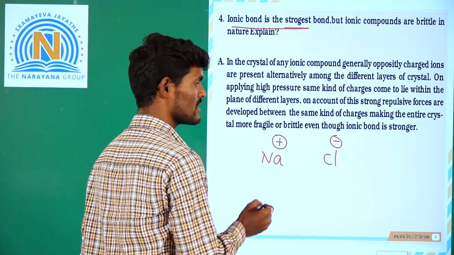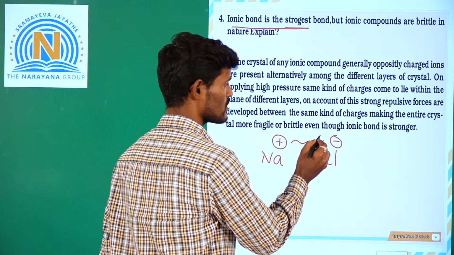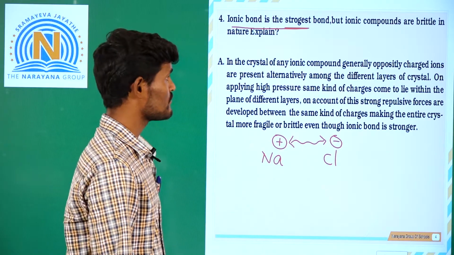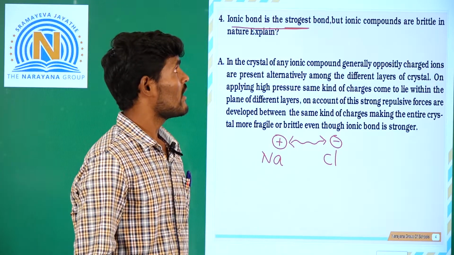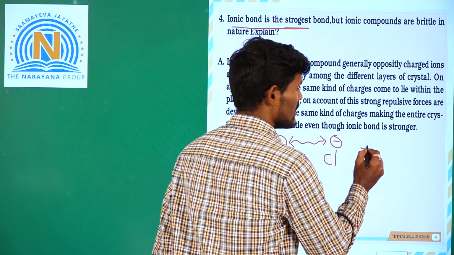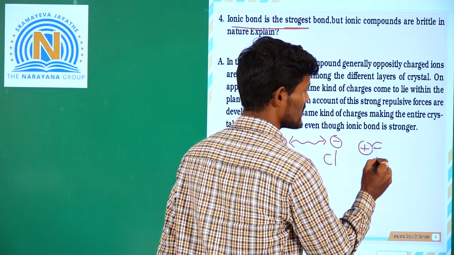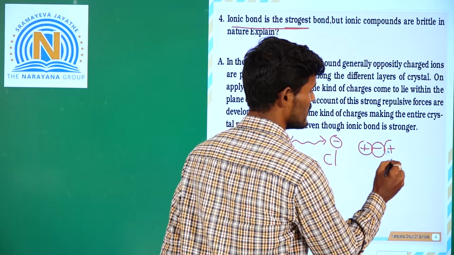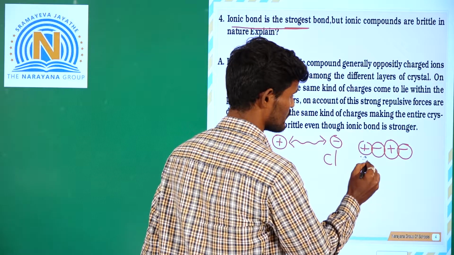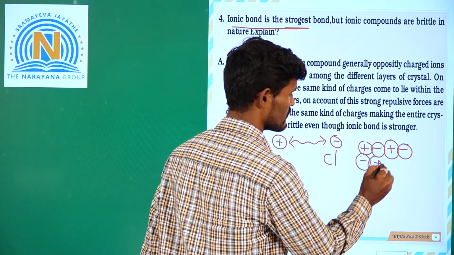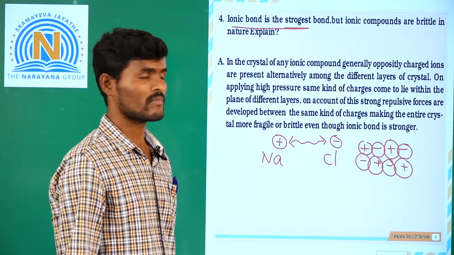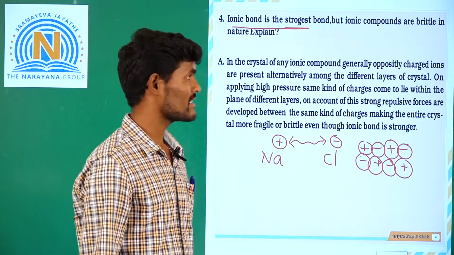Between these two oppositely charged ions, a strong electrostatic force of attraction is present. So ionic bonds are the strongest bond because oppositely charged ions, plus and minus, exist alternately in the crystal lattice. Plus minus plus, it is a structure of ions in the crystal lattice.